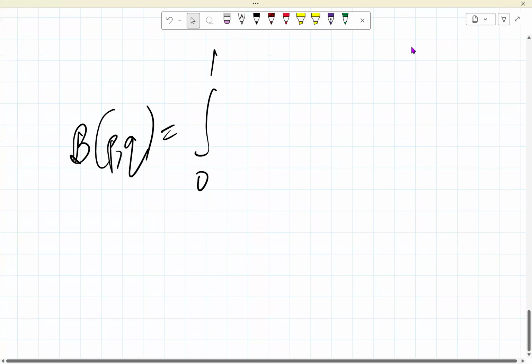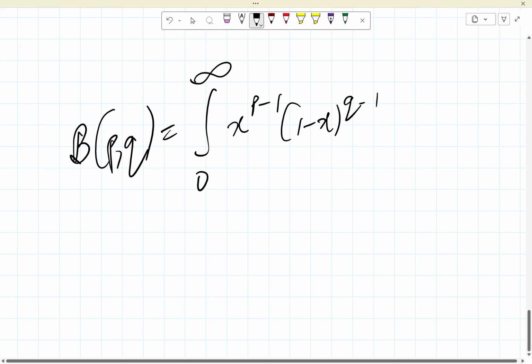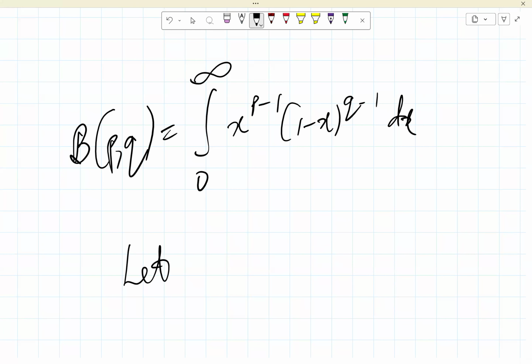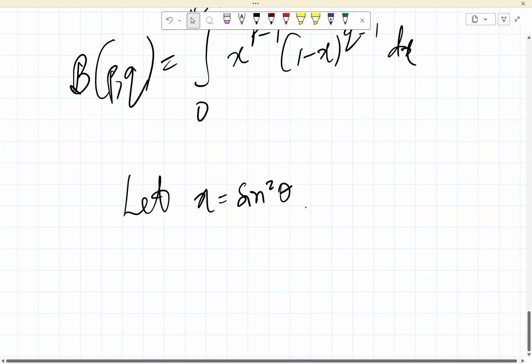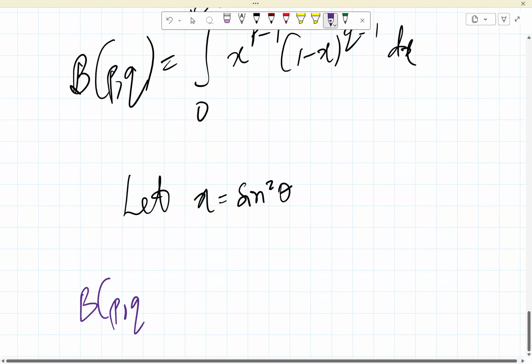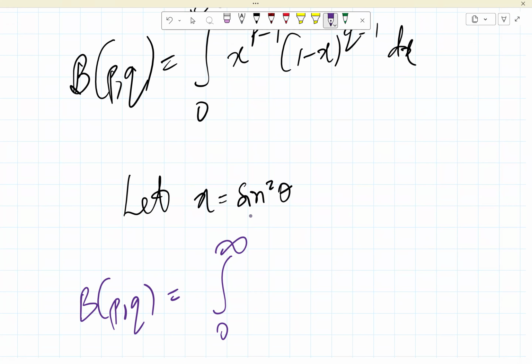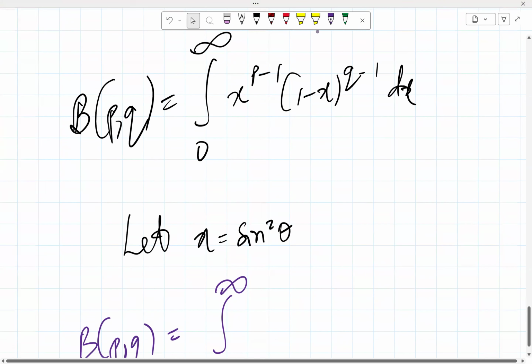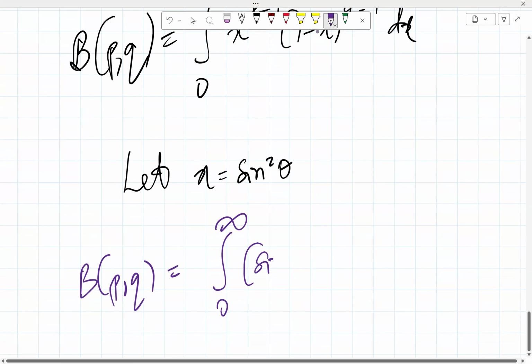So beta p, q is the integral from 0 to infinity, and then we have x raised to p minus 1, 1 minus x raised to q minus 1, dx. If you let x be sine squared theta, then beta p comma q will have to be the integral from 0 to infinity of x, that's sine squared theta, raised to p minus 1.